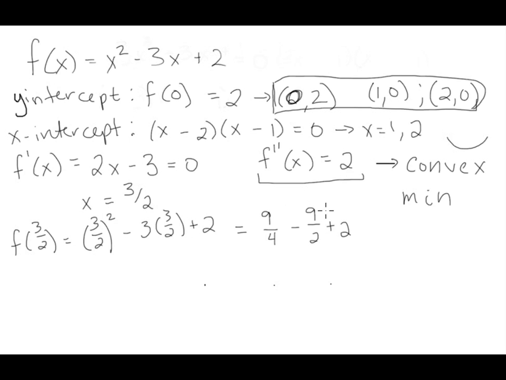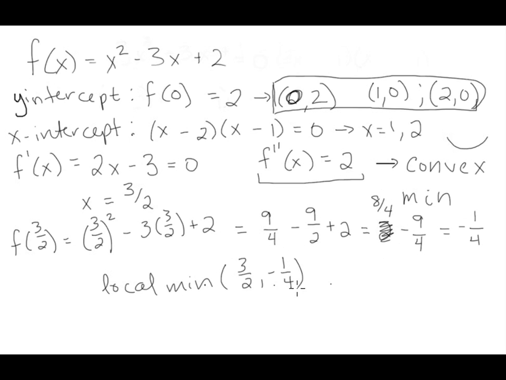Notice that this leaves us 9/4, a negative 9/4, so that's equal to 2 minus 9/4. And I'm going to rewrite this 2 as 8/4, okay? So that when I subtract, I get negative 1/4, which means that I have a local min at 3/2, negative 1/4.